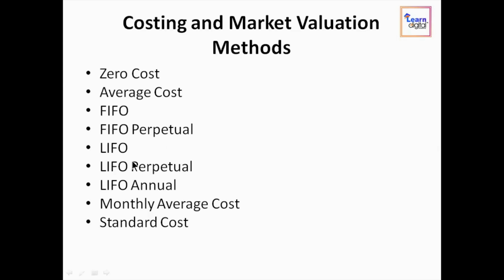So these are the few methods that are used for costing and valuation of the stock, as FIFO or LIFO, or you can have the monthly average. Each and every month, for the goods that are purchased and sold, we take the average of the purchases and sales. And standard cost: the owner of the company can decide the standard cost for valuation of the stock. So these are the different methods available for stock valuation.